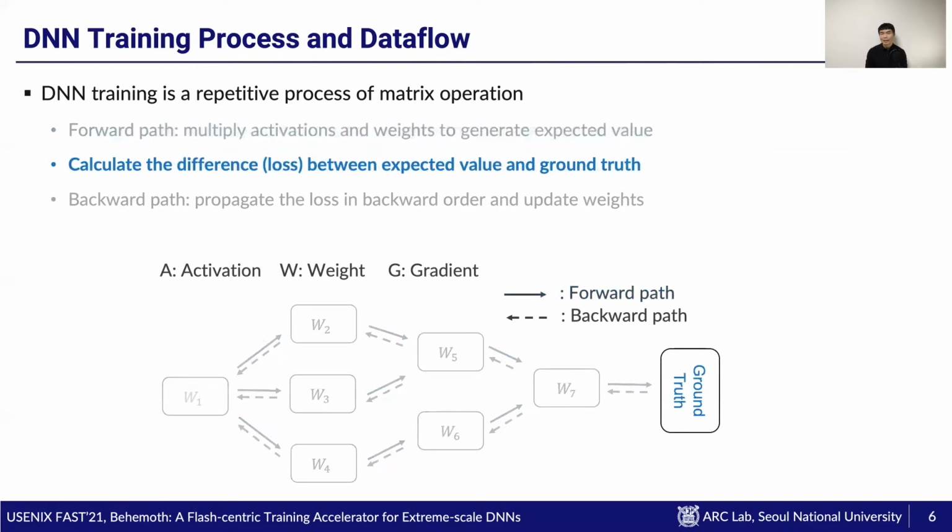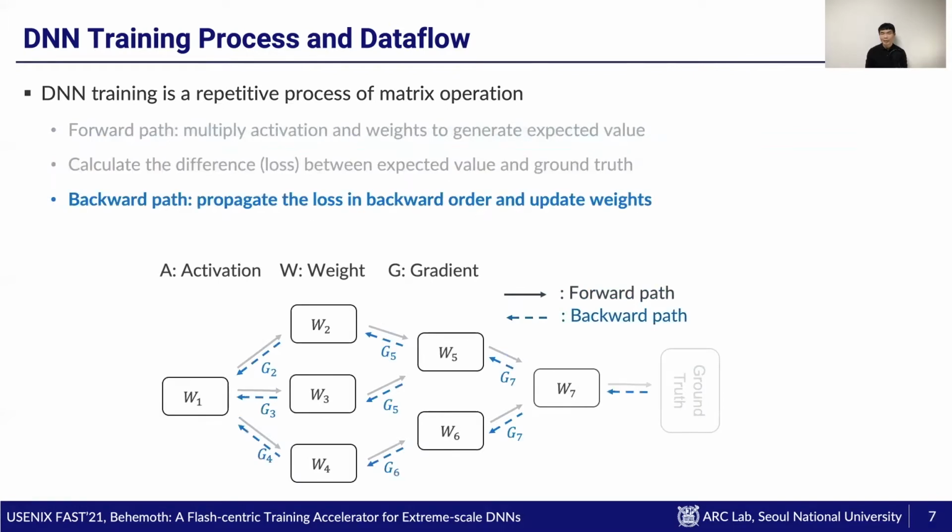And then the expected value is compared with the ground truth to calculate the error or loss. During the backward pass, the loss is propagated and gradients are calculated, which are used to update the weight. In doing so, both stored activation and weight are used.